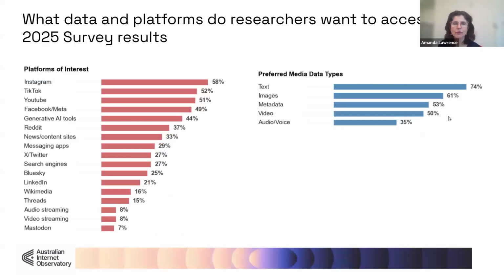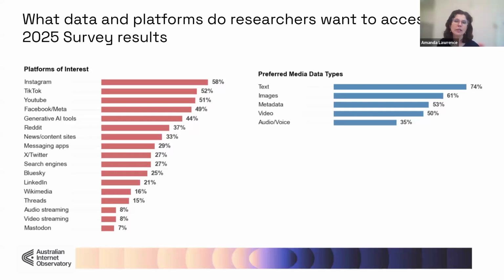As part of setting up the project over the last year, we did a survey of what researchers are interested in: what kind of platforms, what sort of media types, and what kind of research questions. The big ones are the social media platforms, Instagram and TikTok, which have the most interest, then YouTube, Facebook and Meta, but then a lot of interest in generative AI tools coming along, and then Reddit and news sites and messaging and various other platforms.